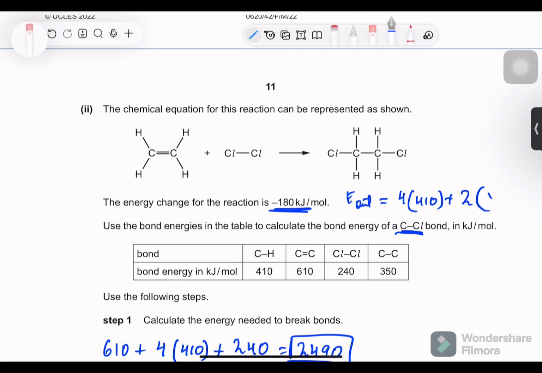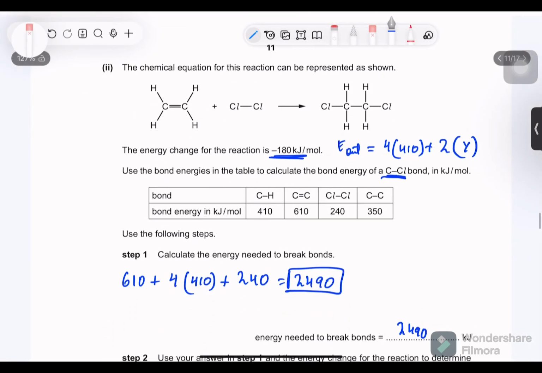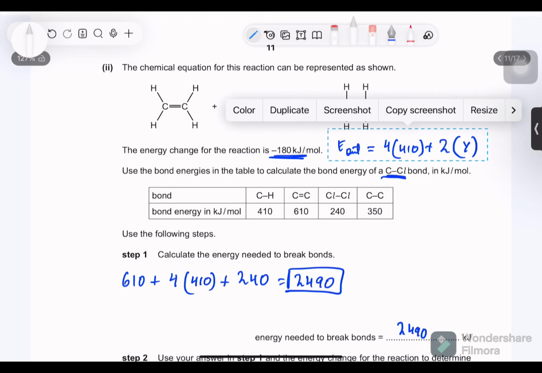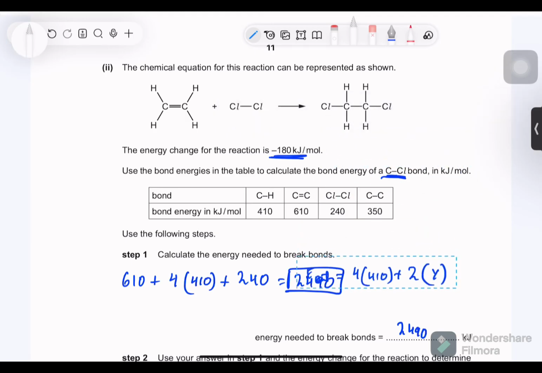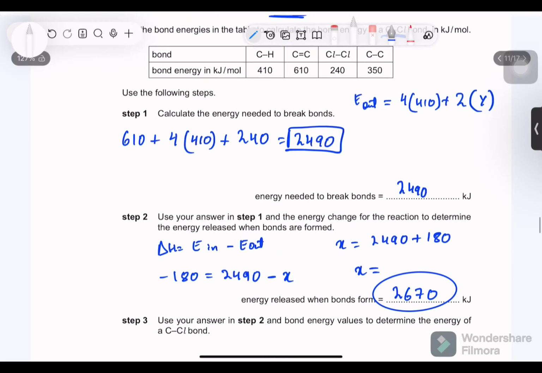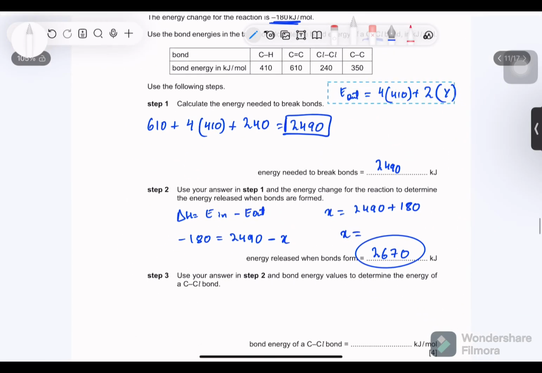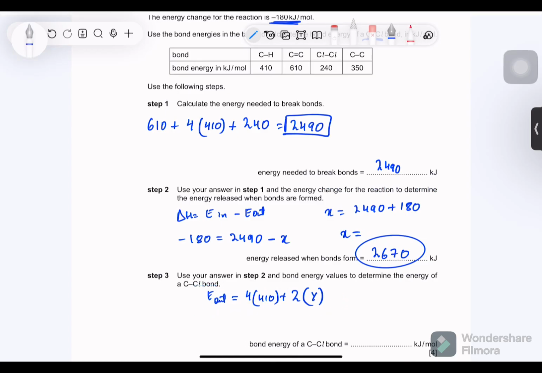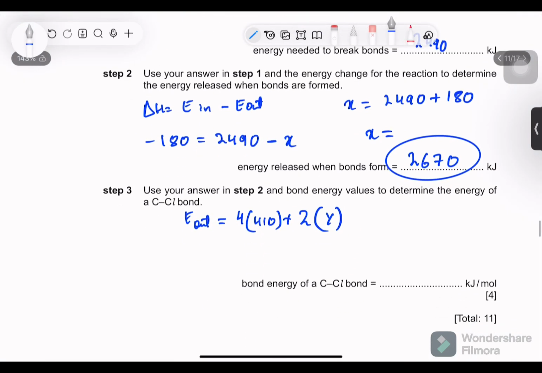Now we can write this as Y. So E out we calculated. The energy out was 2670 equals 4 times 410, which is 1640, plus 2Y.